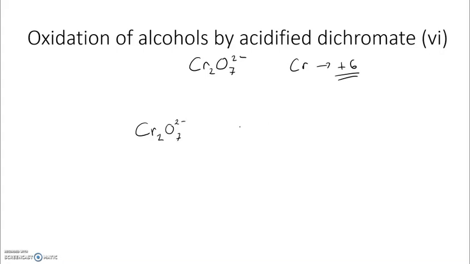So let's try writing out a half equation for this. You've got Cr2O7 2-, and that's going to be converted into Cr3+. First thing to do, we've got to identify the oxidation states of our chromium. So we've got +6 here and we've got +3 here.